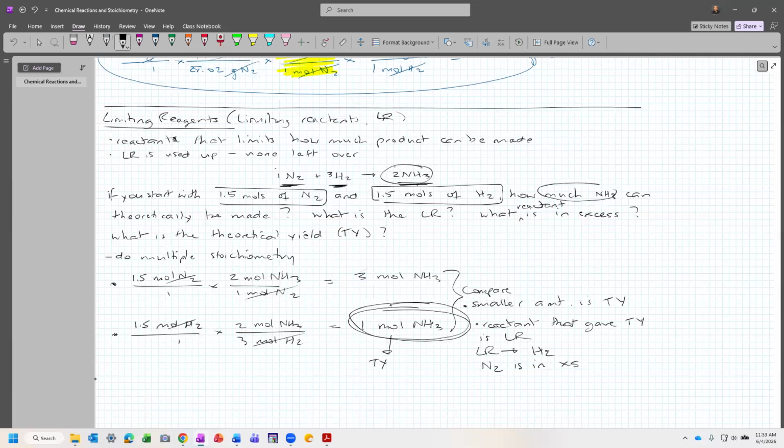So let's say we actually carry out this reaction, and let's say 7.9 grams of NH3 was experimentally obtained.